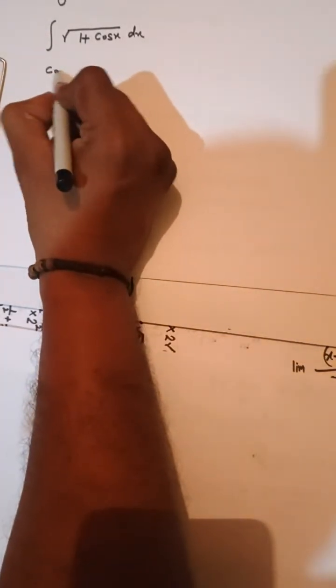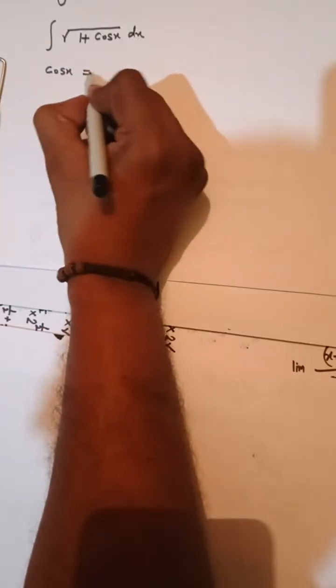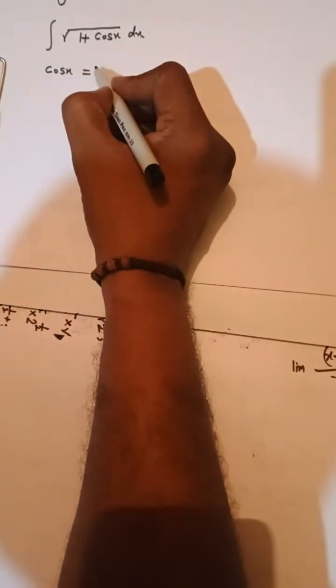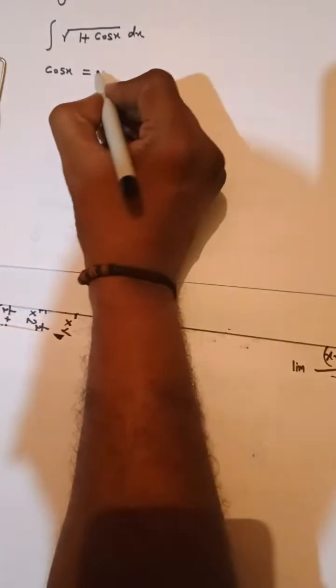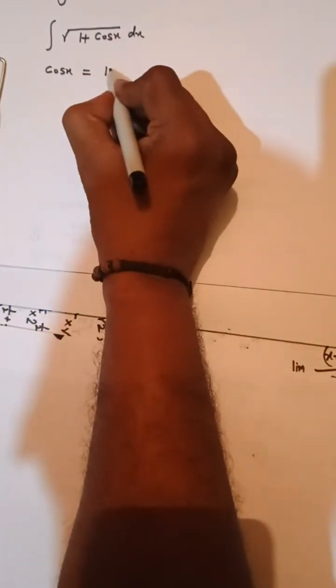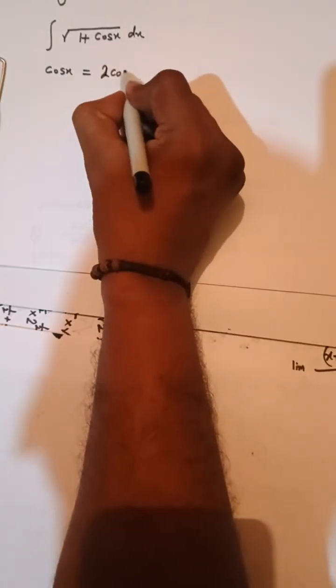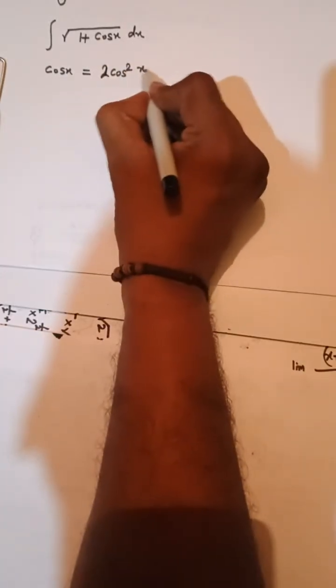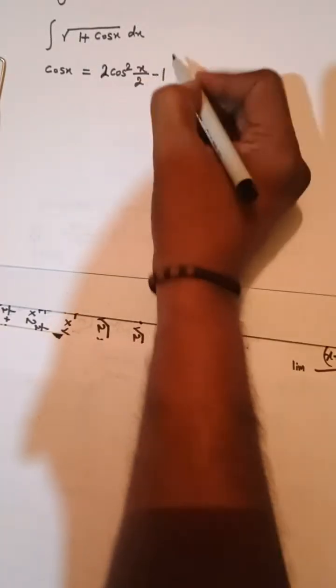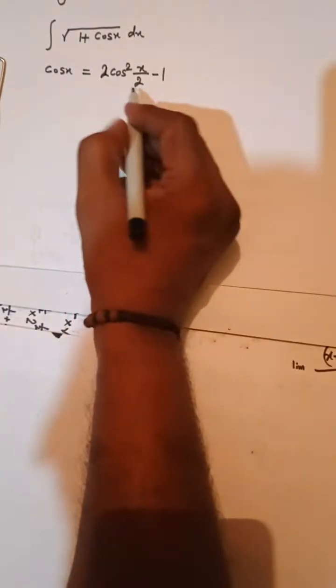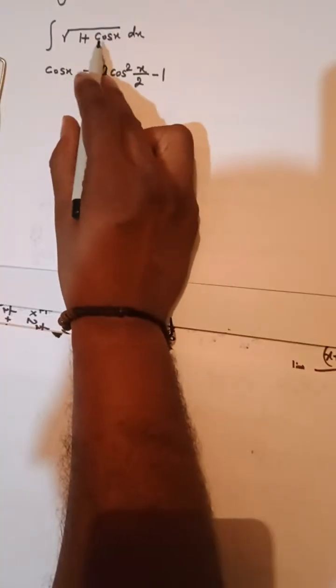We know that cos x is 1 minus 2 sin square, or I'm writing here 2 cos square x by 2 minus 1. I need to get this one, 1 plus cos 2x, so that can be put over here.